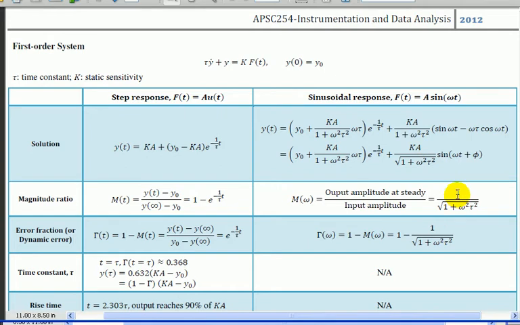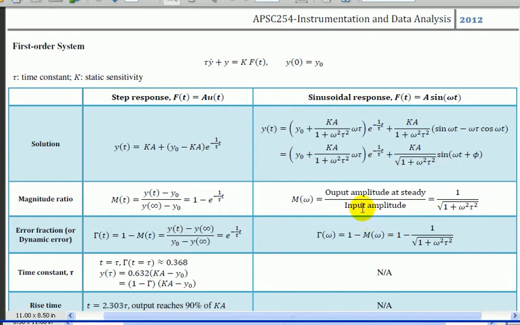So the ratio turns out to be just 1 over this, where tau is the time constant. That's why the magnitude ratio is a function of the input frequency. The other quantity is called dynamic error, defined as gamma of omega equal to 1 minus M of omega. If you know this, you'll know that automatically.